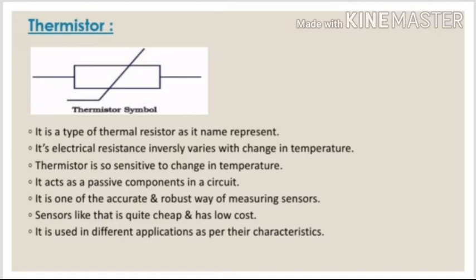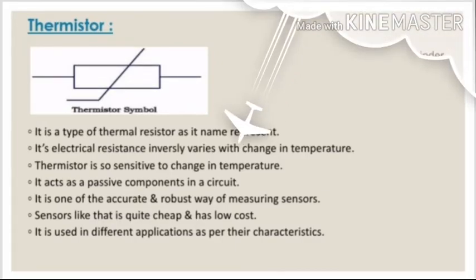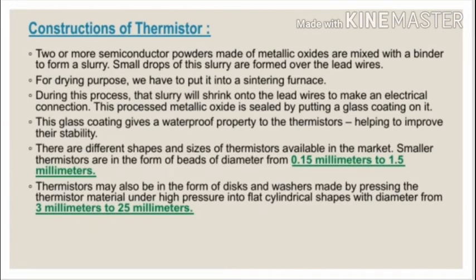As you can see, the symbolic representation of a thermistor on the screen is mostly represented internationally by this symbol. Construction of thermistor: two or more semiconductor powders made of metallic oxides are mixed with a binder or a cover type to form a slurry or a semi-liquid mixture. Small drops of slurry are formed over the lead wires.